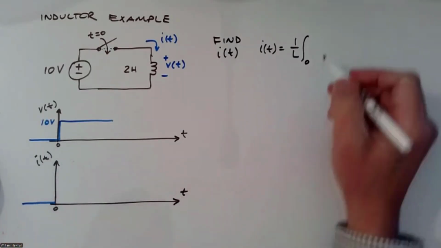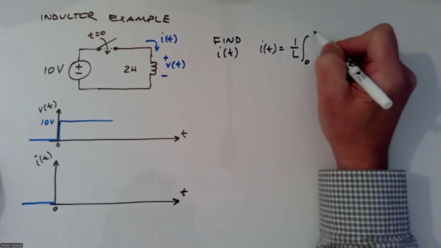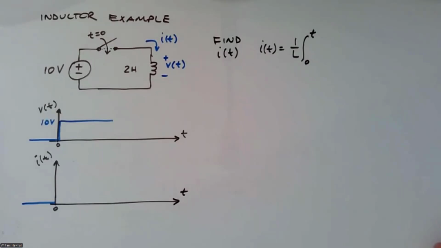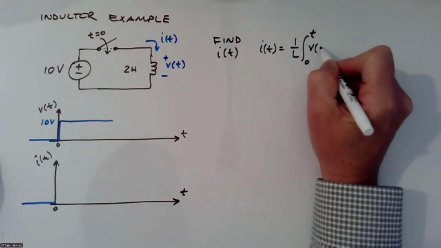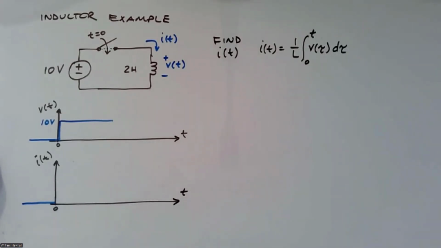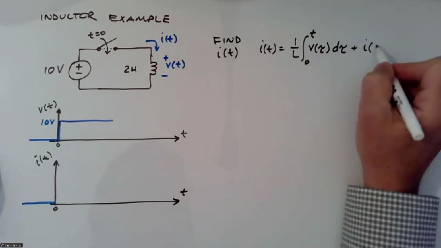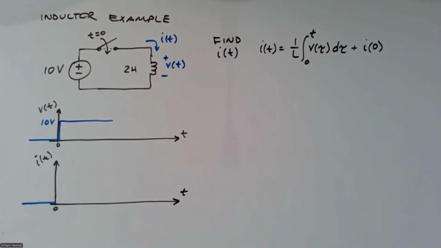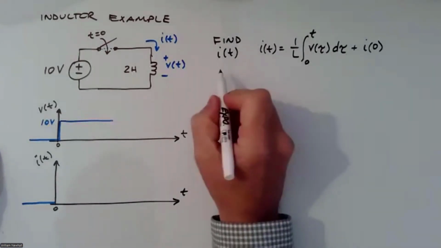So we're going to use 0 as our starting time, and then integrate up to some time in the future past 0, time t. We're going to integrate v of tau d tau plus the current at time 0. Let's see what that looks like.